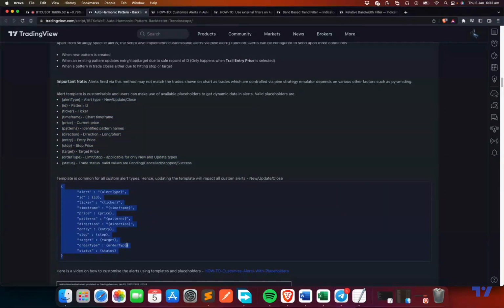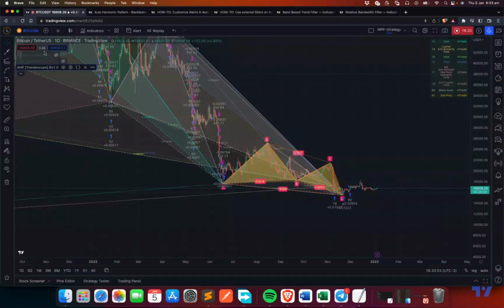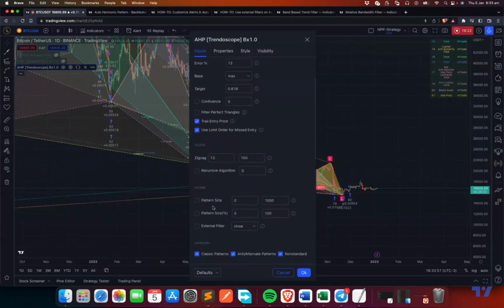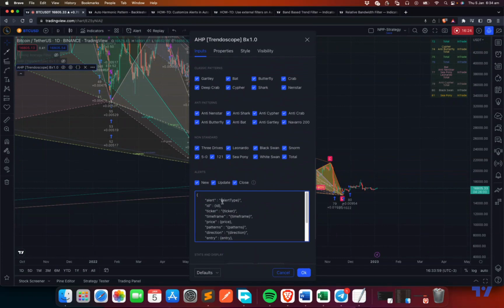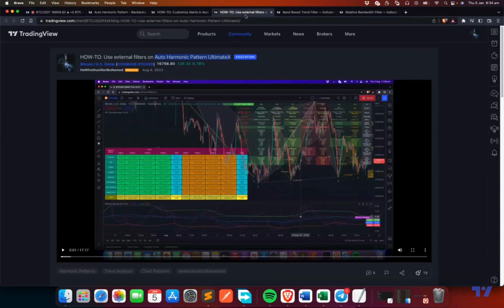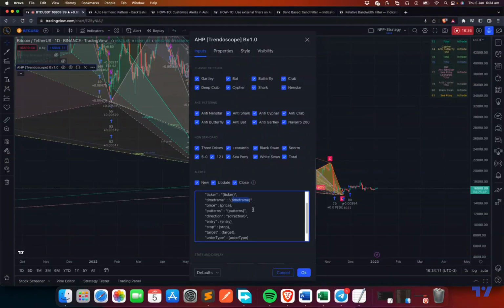You can change this default template, whatever is present here, right? You can change this, but you'll have to use these alert placeholders, which are within single curly brackets, right? So if you look at this video, you'll get a better idea on how to make use of them.